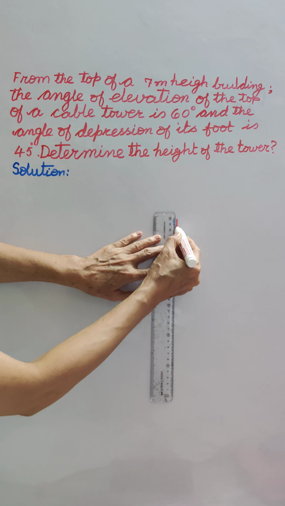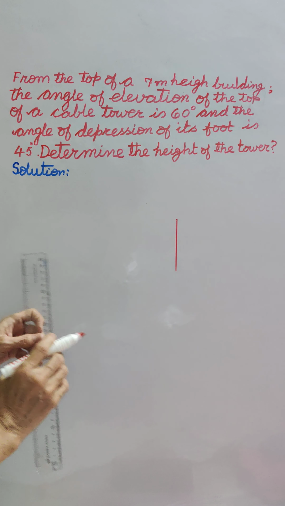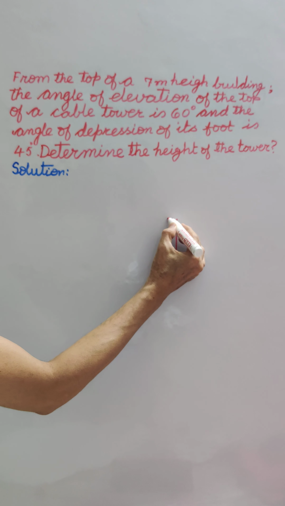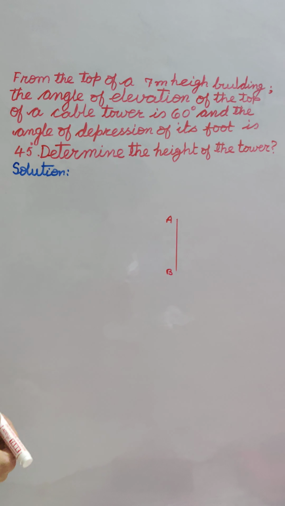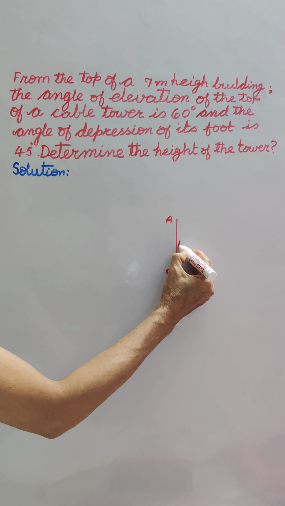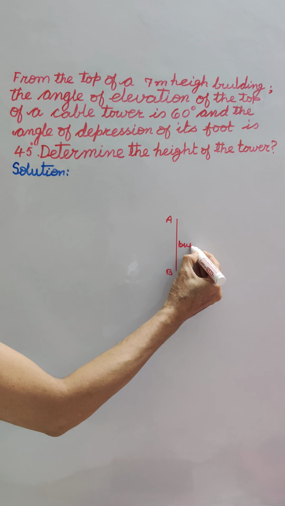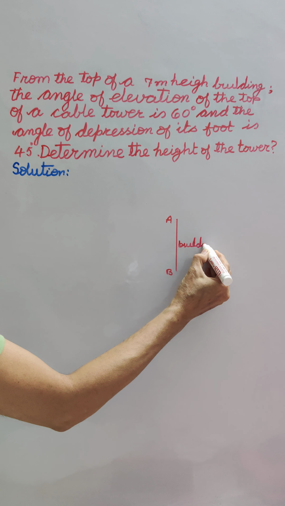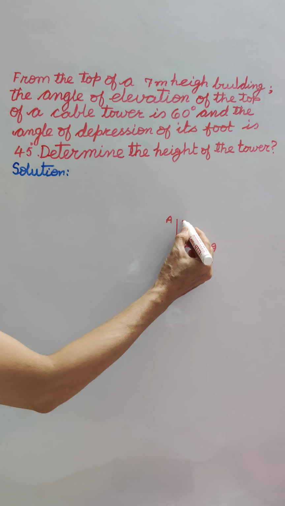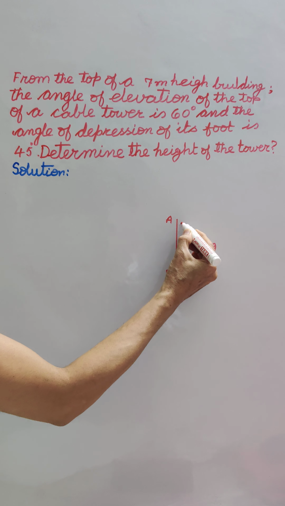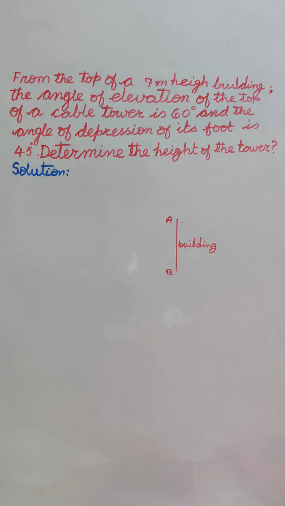This is the building AB, with A and B marked. This is the top of the building, A is the top.